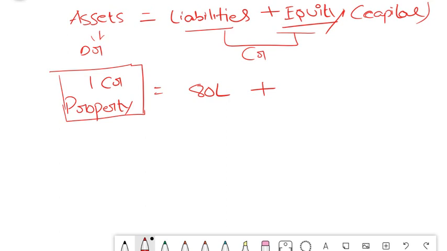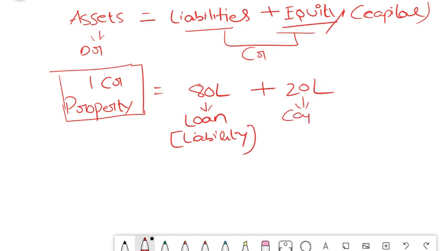That means I have invested some capital as an owner of the company. That amount is 20 lakhs. Now, this 80 lakhs is a loan. Loan means liability, right? This 20 lakhs I have brought in as capital. Capital means equity.